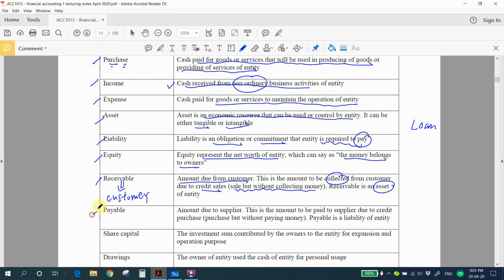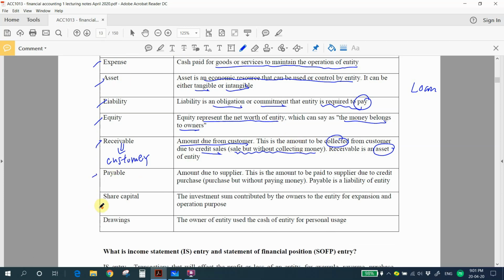Next, payable. What is payable? Amount due to supplier. This is the amount to be paid to the supplier due to credit purchase. What is credit purchase? You purchase from your supplier but without paying money immediately. Payable is a liability.